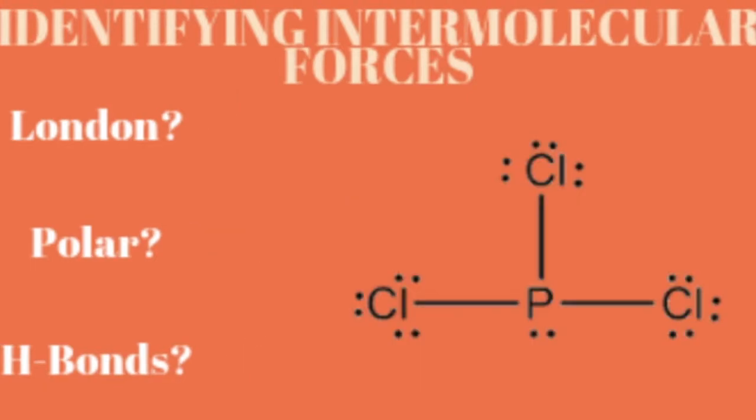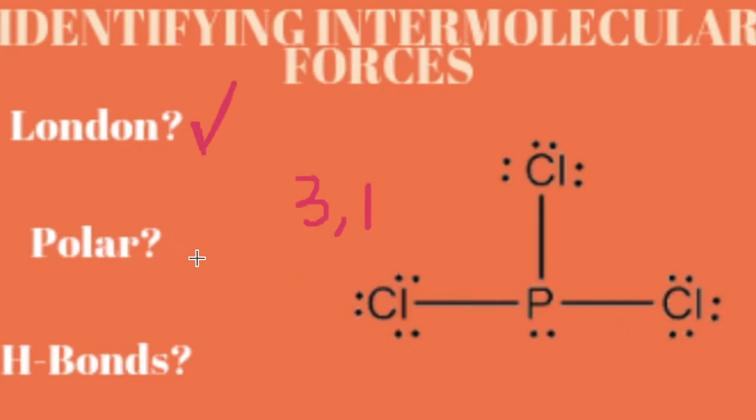Okay, so now what we have here is phosphorus trichloride. Let's take a look at this. So we know it's covalent, so it's most definitely London dispersion. Now let's figure out if it's polar or not. So we have 3 bonds here, and we have 1 lone pair in the central atom.